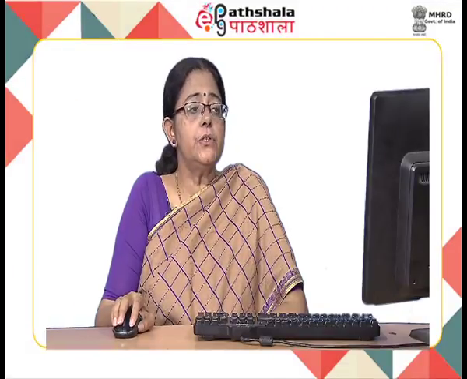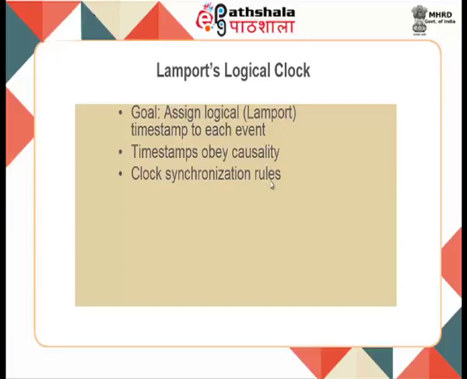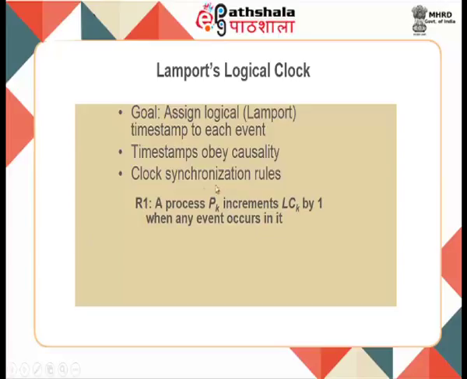So, what is the logical clock rule? The goal is to assign a timestamp to each event following causality, of course, and these are our synchronization rules. Rule 1 says a process Pk increments its clock by 1 for every event occurring in it. So, that is our first rule, by which we start with some value and we increase our clock by 1 for every event.